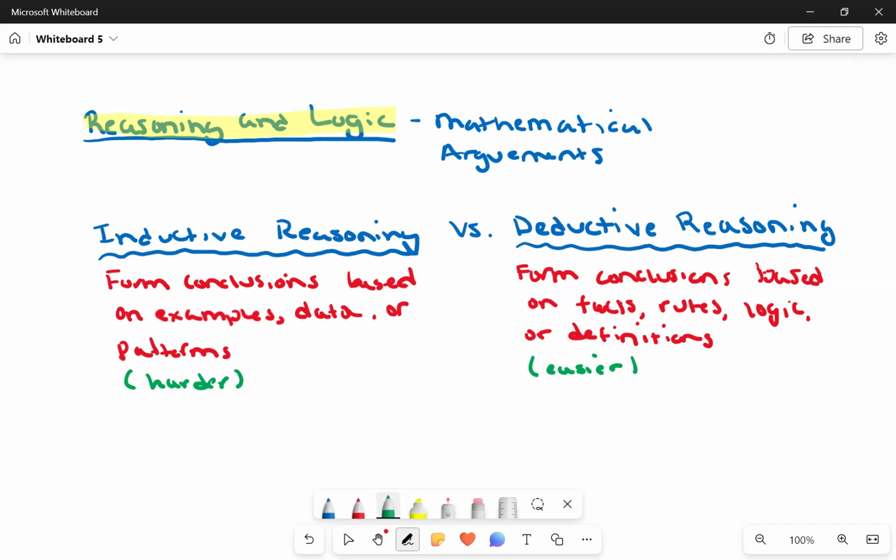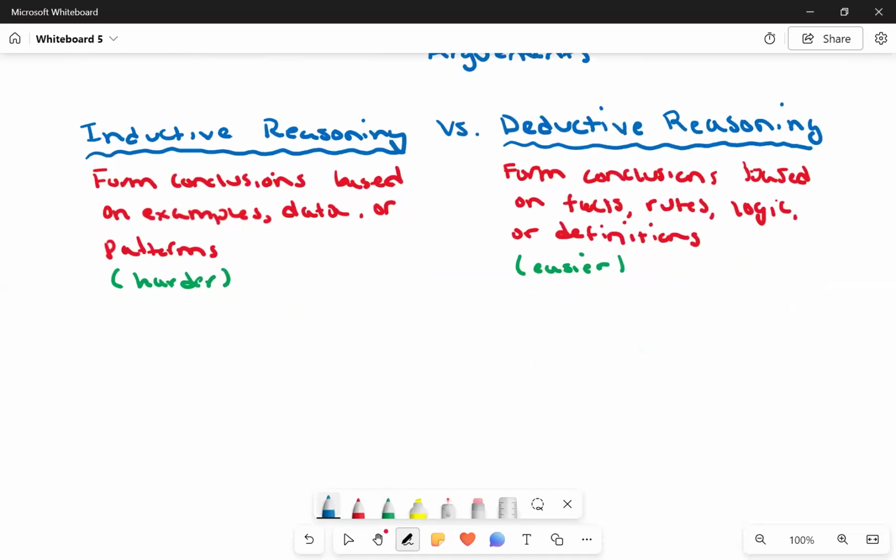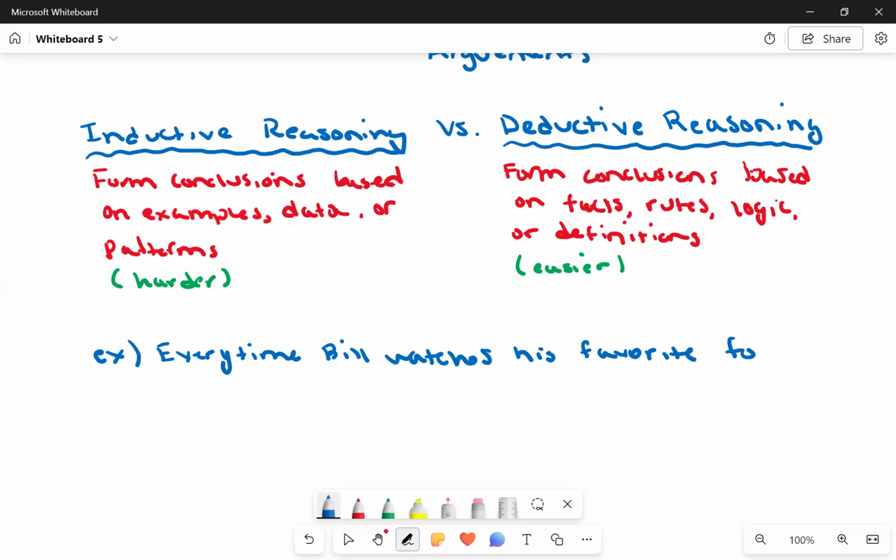Okay. So let me just give some examples and let's decide whether it's inductive versus deductive reasoning. So let's say every time Bill watches his favorite football team on TV, they lose.